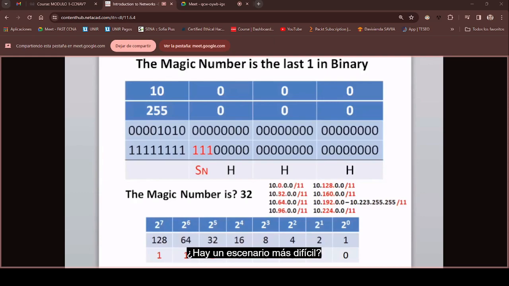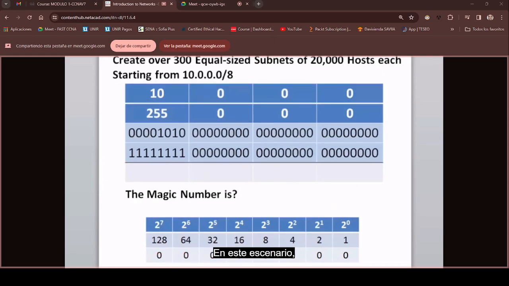What about a more difficult scenario? In this scenario, we need to create over 300 equal-sized subnets of 20,000 hosts each, starting from the 10.0.0.0/8 network. So we need to create a lot more subnets, and we need a lot of hosts. Looking at this situation, we know that we're going to need to borrow bits from the host portion of our subnet mask.